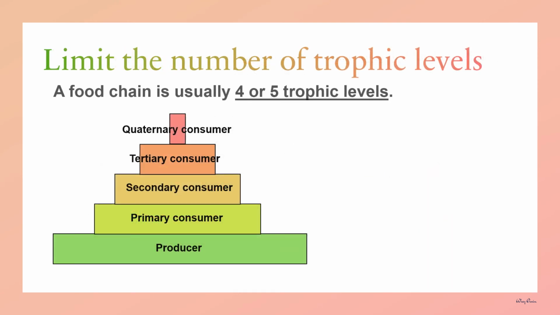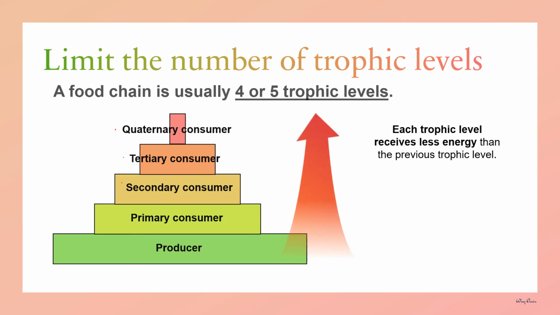And in nature, one food chain is always found in 4 or 5 trophic levels, and it is very rare to have more than 5 trophic levels. So if we look at the role in the ecosystem, from the first trophic level, which is the producer, moving on to the primary consumer, secondary consumer, tertiary consumer, and the quaternary consumer, the energy is reducing from the first to the highest level.